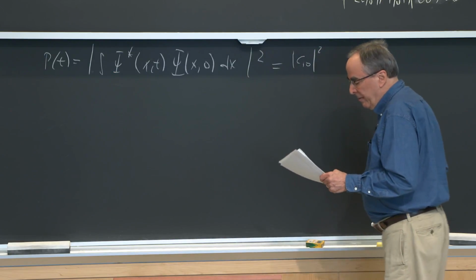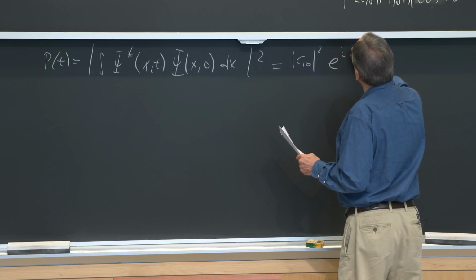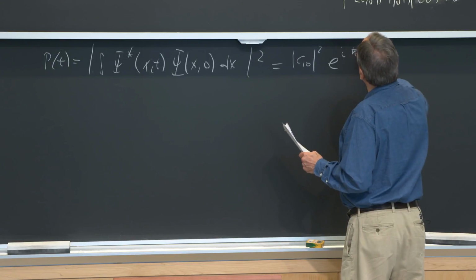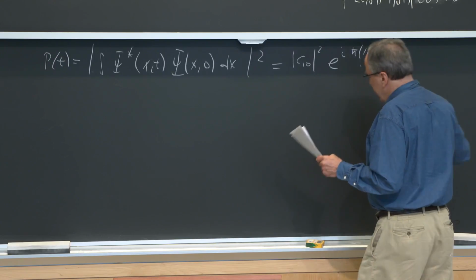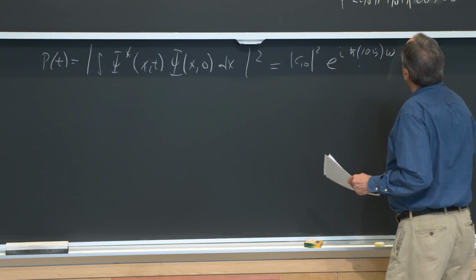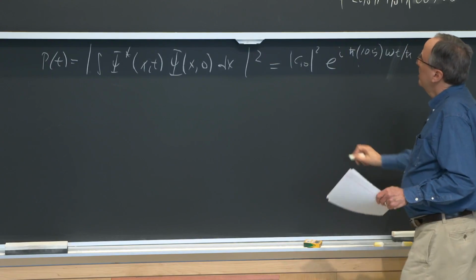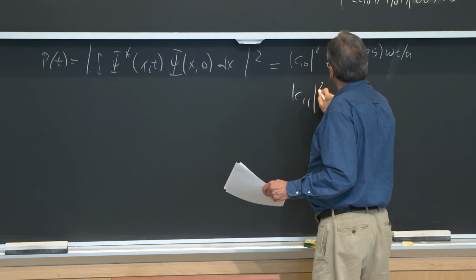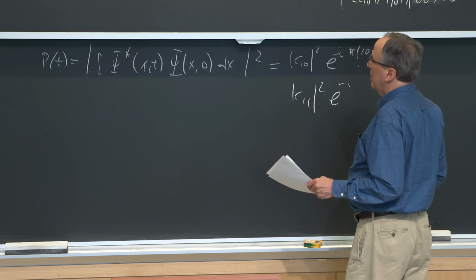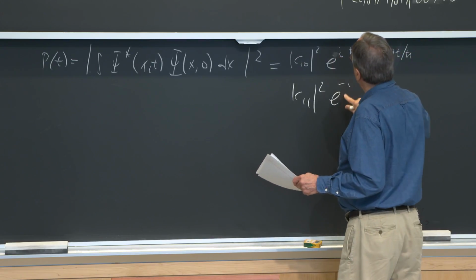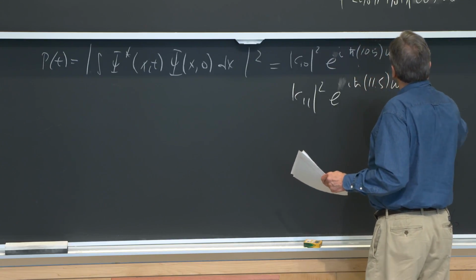And so we have C10 squared e to the minus i h bar 10.5 omega t divided by h bar plus C11 squared e to the minus i h bar 11.5 omega t over h bar.